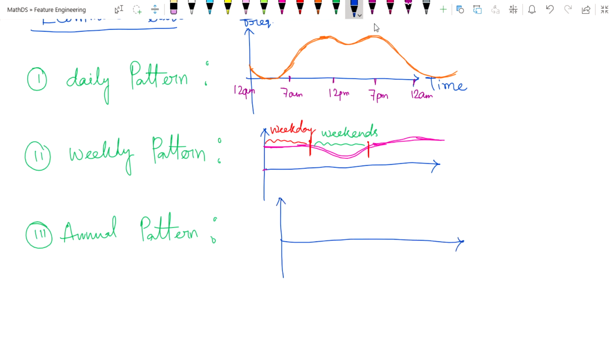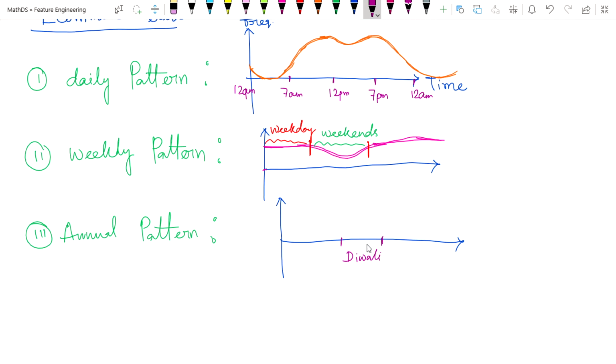This kind of pattern you can see. Meaning festival time depends on the country. Suppose you consider India, in this period there are some festivals like Diwali. Suppose it's a very famous festival in India, Diwali.